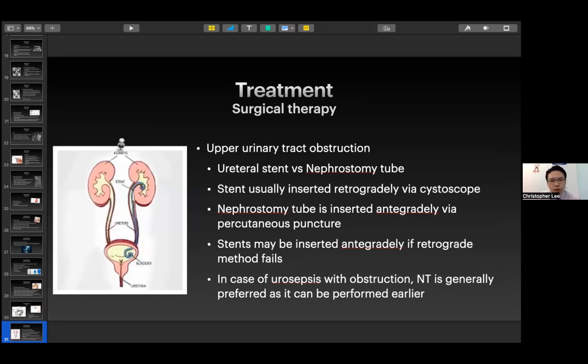Okay, so upper urinary tract obstruction is not as straightforward. Most of the time, I would say it cannot be done in the emergency department. I'm not sure whether any centers overseas would have an OT. Actually, in fact, I know of a few tertiary hospitals which have OT attached to their emergency department, where you can just push the patient right across and perform some simple surgical procedures.